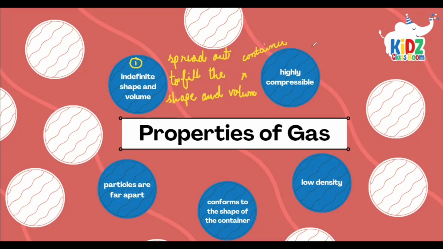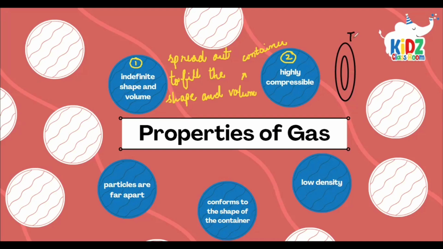Okay. Secondly, highly compressible. What is meant by highly compressible? Again, the opposite of solids. That gases can be squished into smaller spaces because their particles are far apart. Here is an example. Let's say this is a tire.